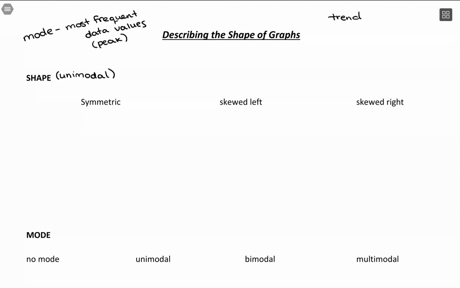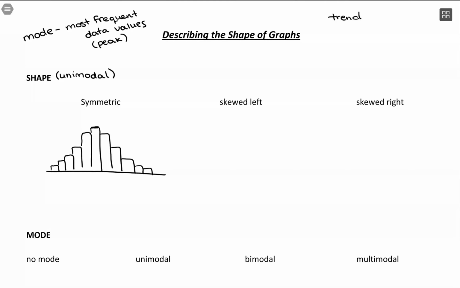So symmetric unimodal would have symmetry, the idea that if you fold it in half, it should roughly be the same on both sides. It'll rarely be perfectly symmetric, but something like this, where it decreases out from the peak with that highest frequency similarly on both sides.